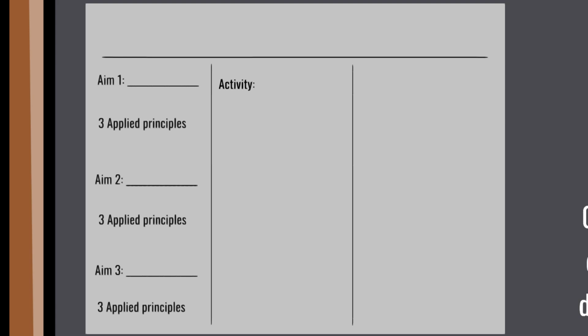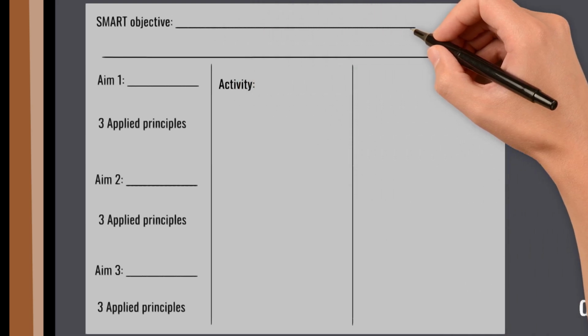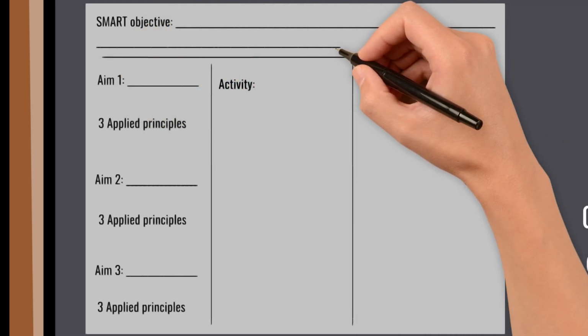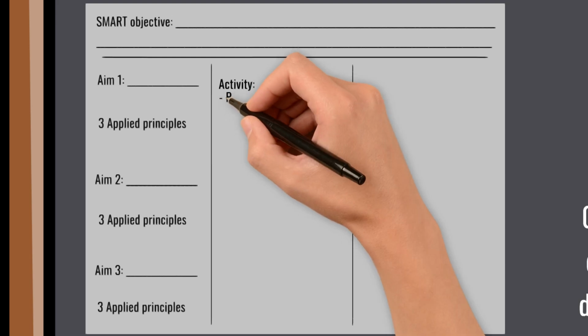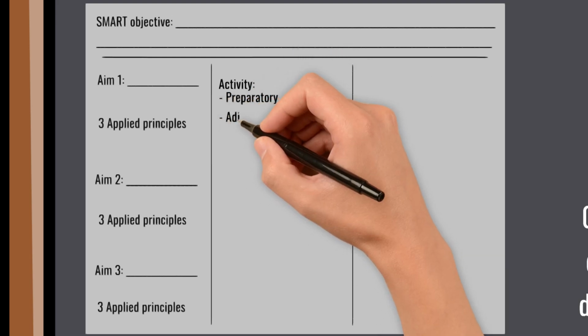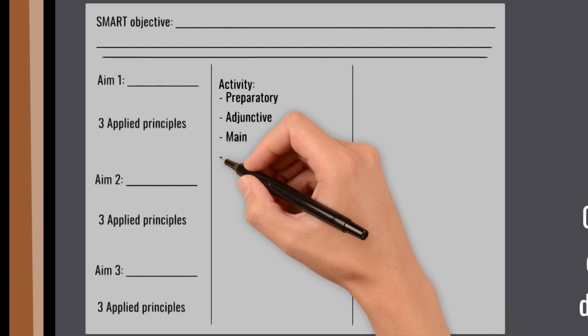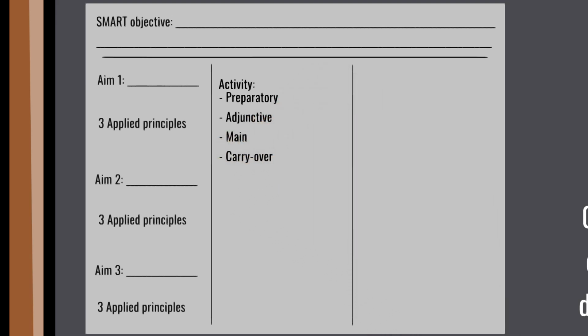The aims are then summarized into a SMART objective for the session in order to ensure that success is measurable in the session. The activity is also broken down into preparatory or adjunctive activities or exercises, the main activity, and then often a carryover to the ward, or what they should be doing if they can conduct a ward program or home program.